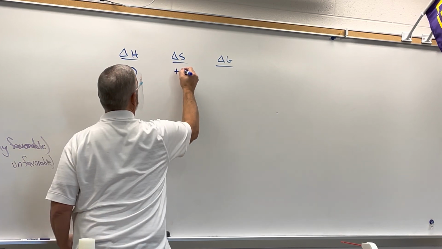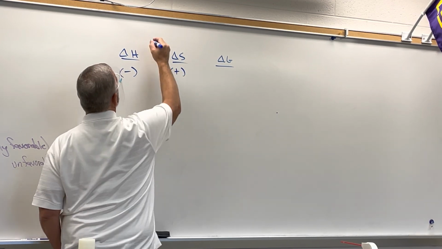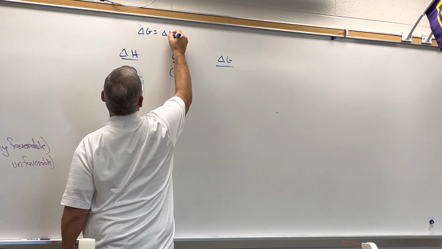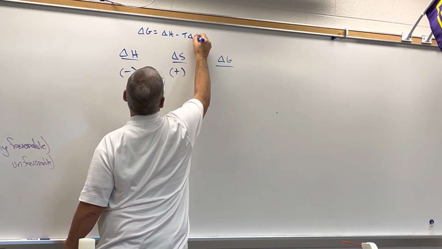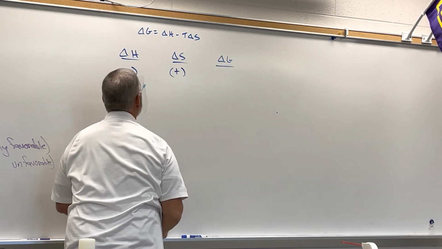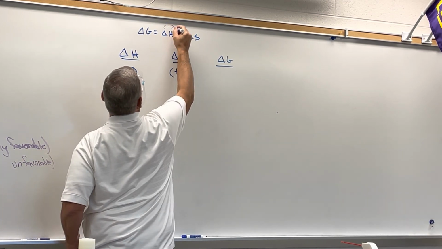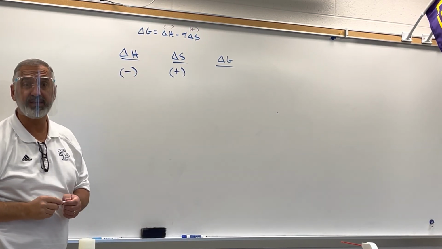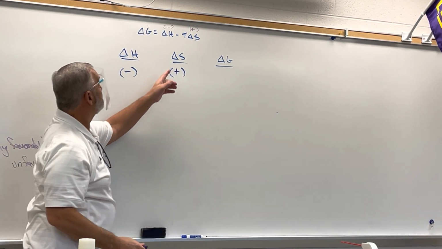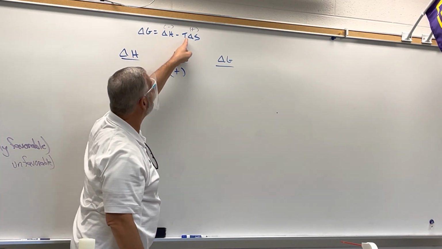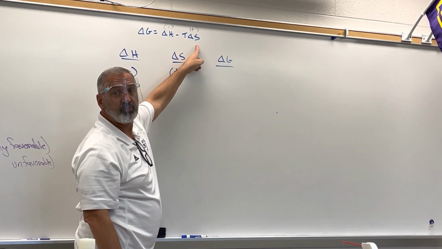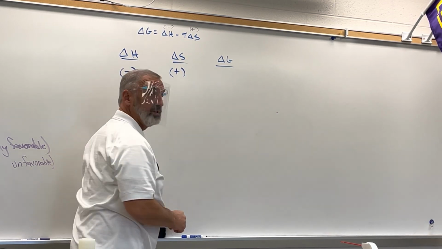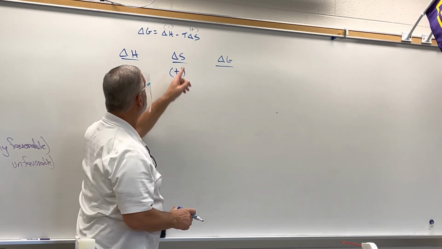Positive. Okay? So if I have delta G equals delta H minus T delta S, if I have a negative here and a positive there, and we know that the Kelvin temperature is always positive, right? So I go a minus a positive. What's the only possible sign for delta G? Negative.